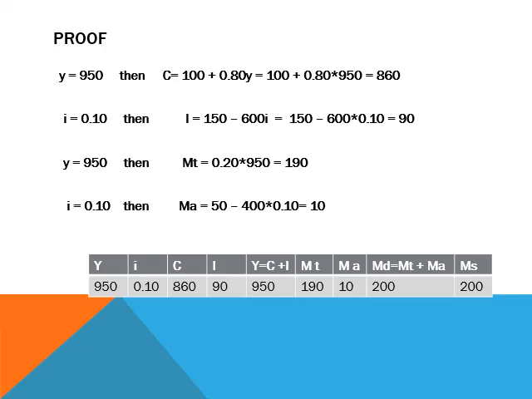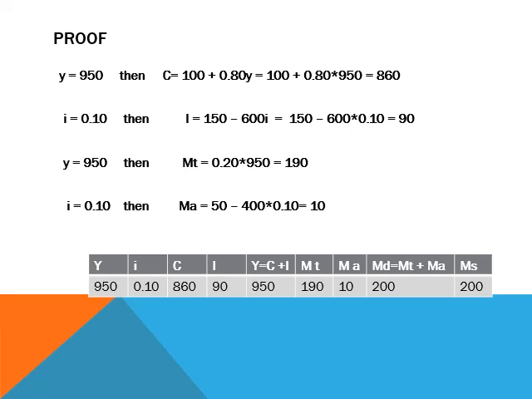So if we would like to express this relation graphically, we are going to plot the curve of IS, which is a downward sloping curve, and the curve of LM, which is an upward curve.